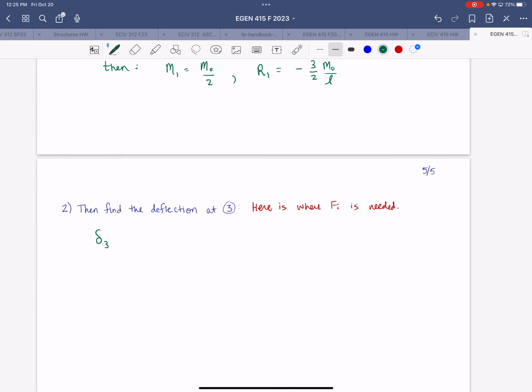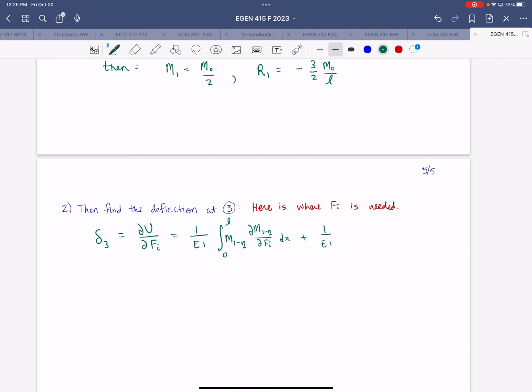So for the deflection delta 3, we have the partial derivative of strain energy with respect to Fi. That'll be 1 over EI times the integral from 0 to L of our moment in region 1 to 2 times the partial derivative of M12 with respect to Fi.